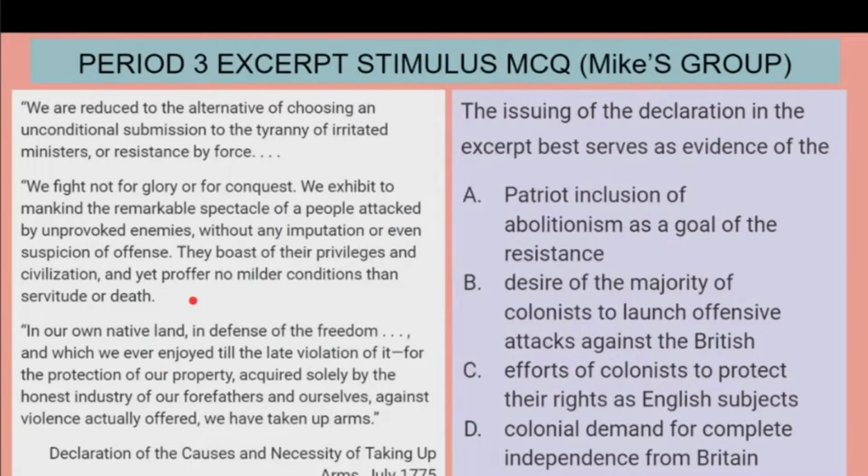MCQs always contain two questions that are absolutely wrong, one that looks right but is wrong, and then the right answer. The two obvious wrongs are A, because nowhere is abolitionism mentioned, and C, because the Declaration is against Britain, so it wouldn't make sense that they would consider themselves English.